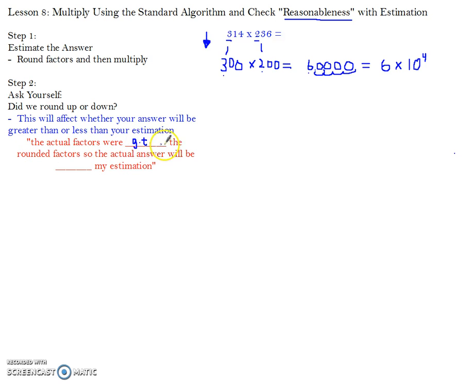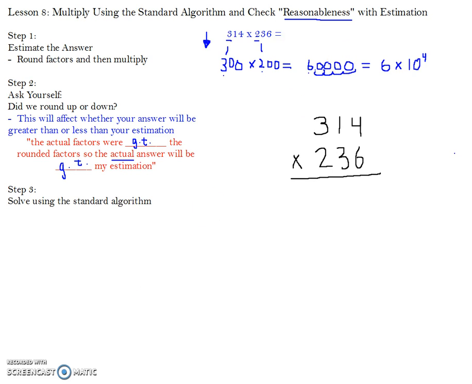So the actual factors were greater than the rounded factors, so the actual answer will be greater than my estimation. Our estimation was 60,000, so I know my actual answer will be greater than 60,000.